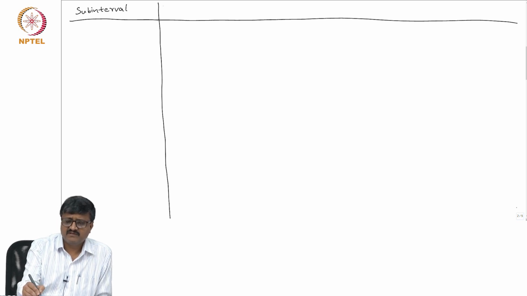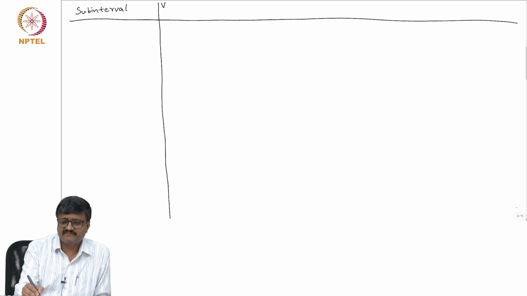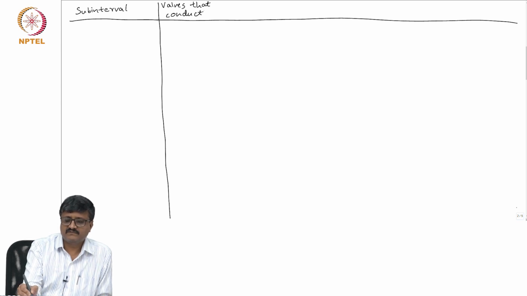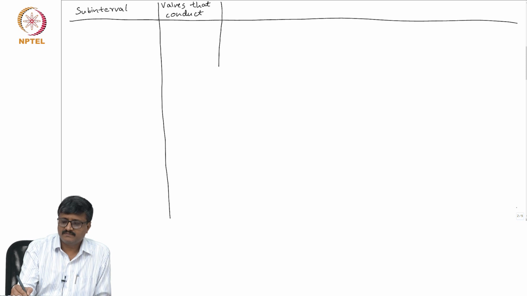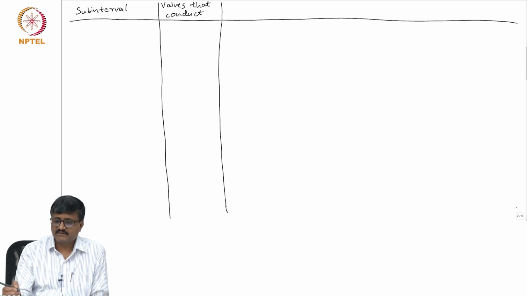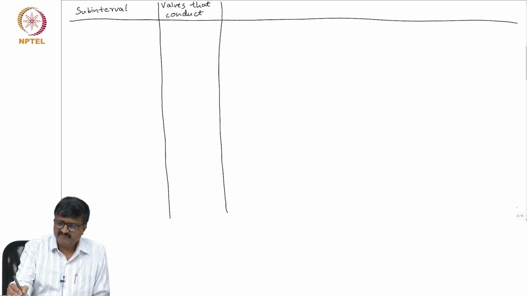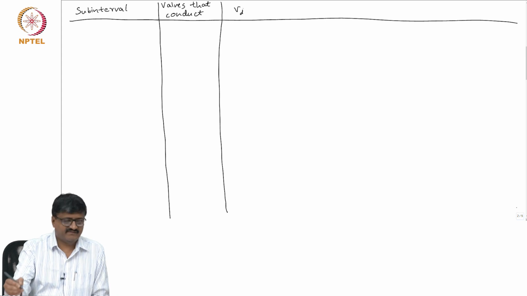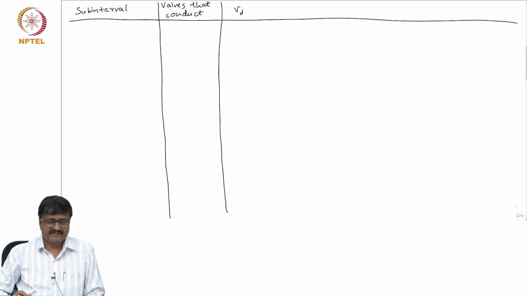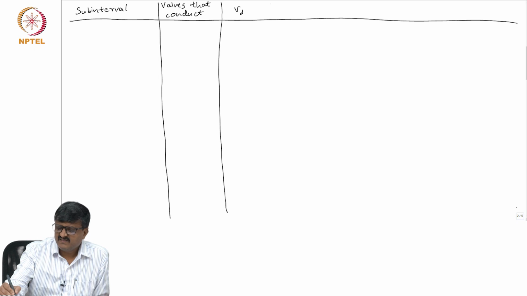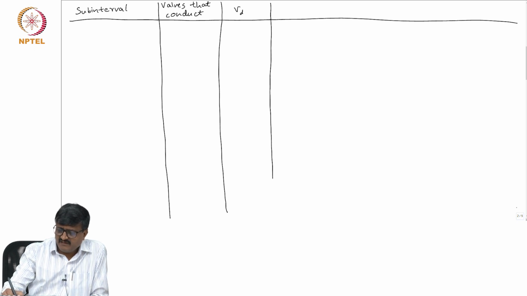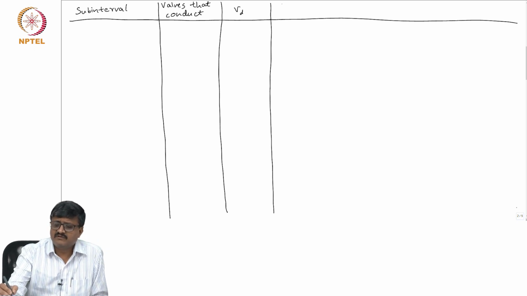In the second column, I show the valves that conduct. Then the expression for the instantaneous DC side voltage Vd. And finally the voltage across valve 1.